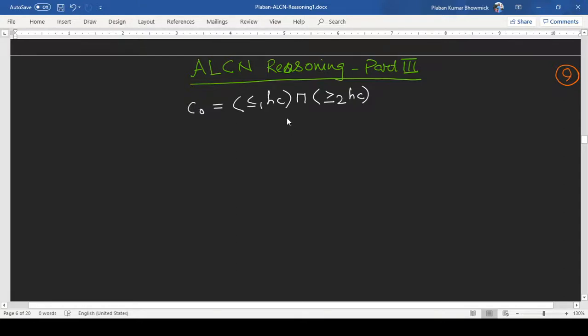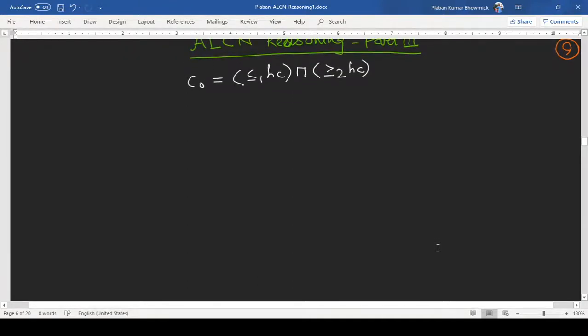What I'm saying is that the person has got at most one child, but the next time you are saying the person has got at least two children, which is infeasible, right? We need to see whether we can sort out some way to prove that it is not possible. I know this is a very trivial example, but this will be enough to make our point.